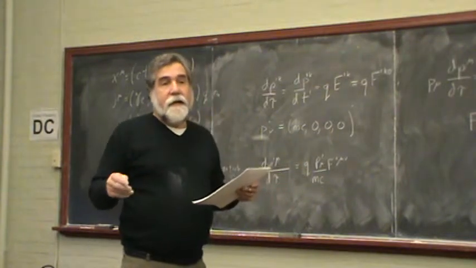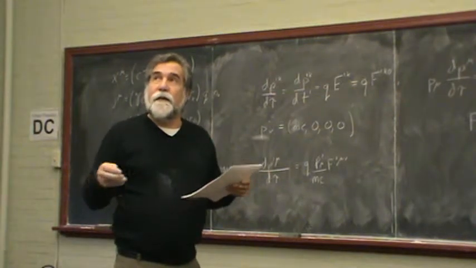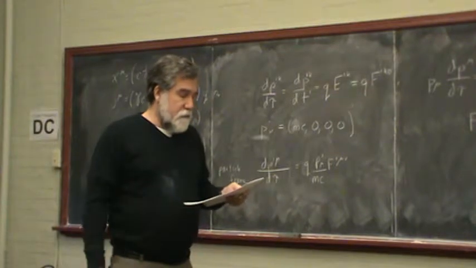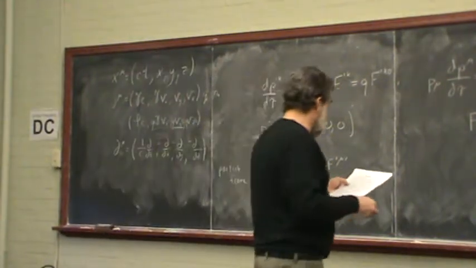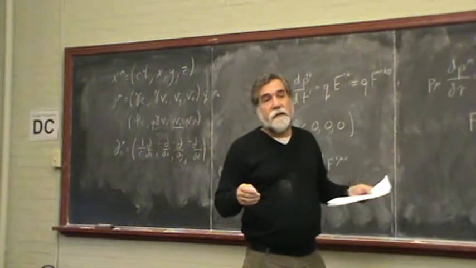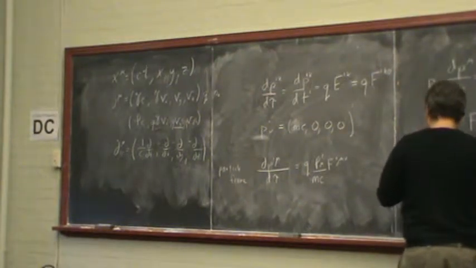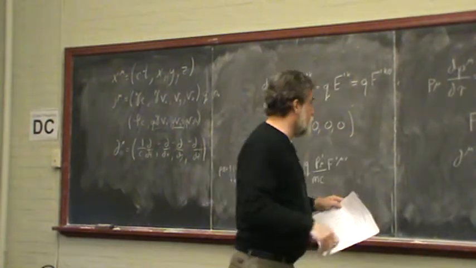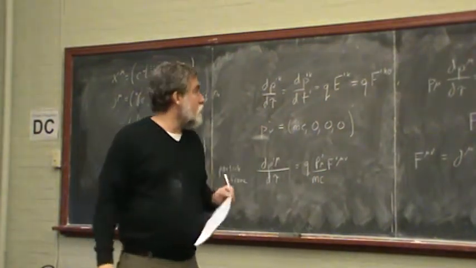And if the field is a first-order derivative of the potential, so the field tensor is a first-order derivative of the potential 4-vector, then the only antisymmetric field tensor that we can construct from A^mu is this one: d^mu A^nu minus d^nu A^mu. That will be antisymmetric, and that's first order in the derivative.